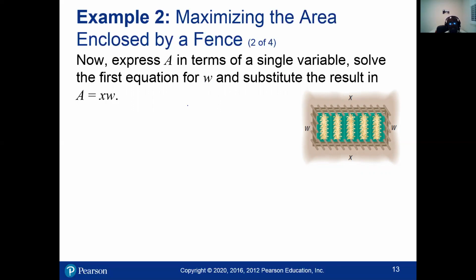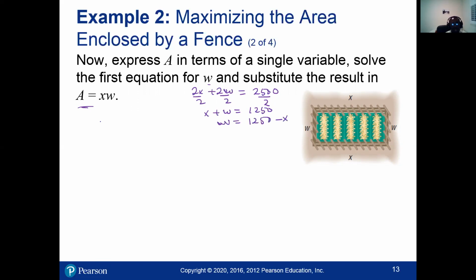We are given the perimeter 2x plus 2w equal to 2,500. If I divide both sides by 2, I get x plus w is equal to 1,250. So let's solve for w: w is equal to 1,250 minus x.